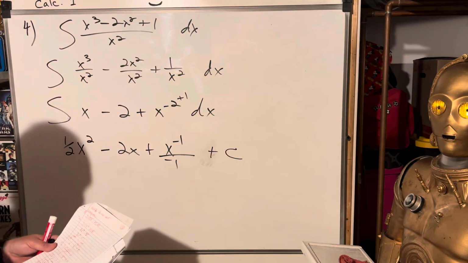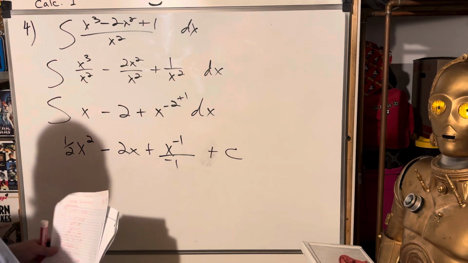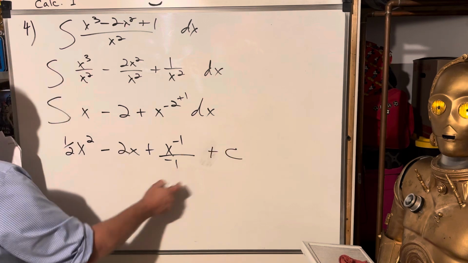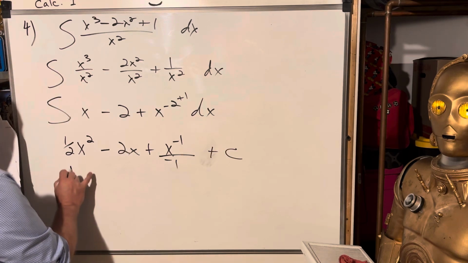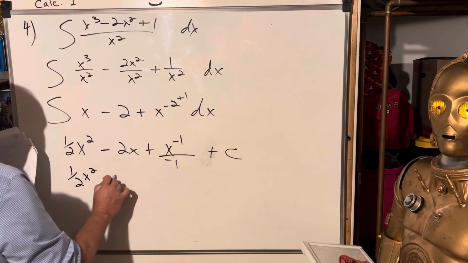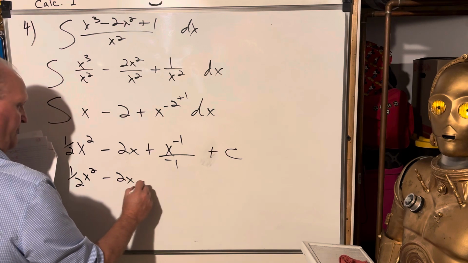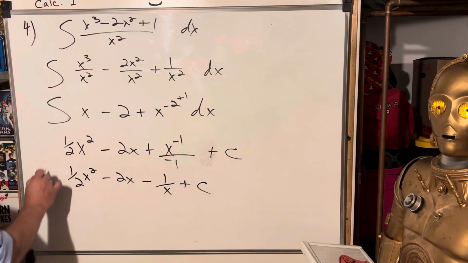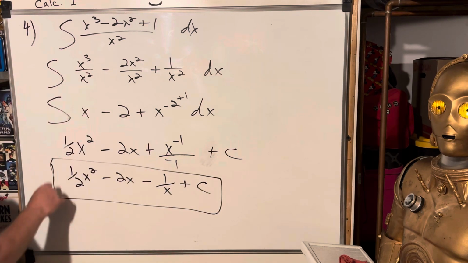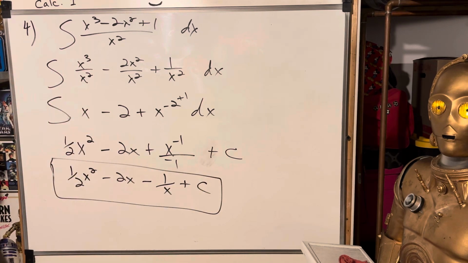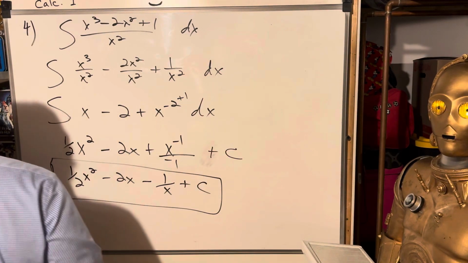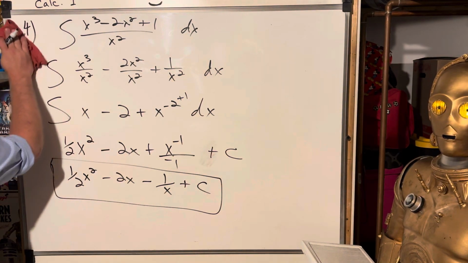And then, yeah, we can clean that up a little. This would be fine. I'd give you full credit on the test for that. But that's easy enough to clean up. And just call it minus 1 over x plus c, right? So hopefully that one is easier for you to get your head around.